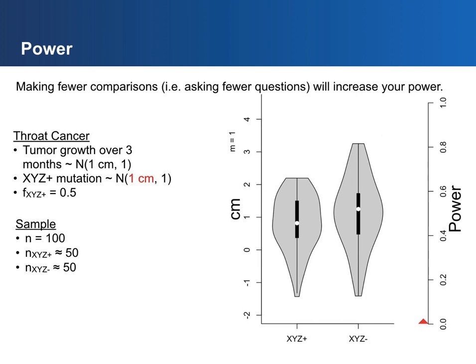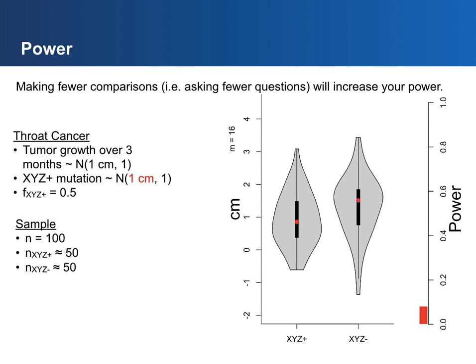Another strategy we can take to increase power is to make fewer comparisons. So we have our throat cancer example here again, but this time our change is that there is no effect of the XYZ mutation on tumor growth over 3 months.